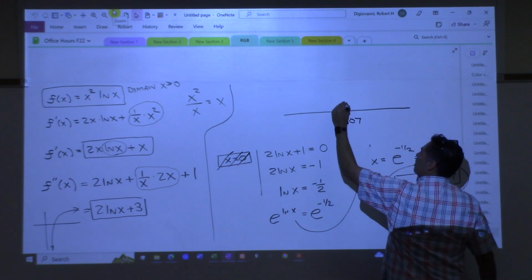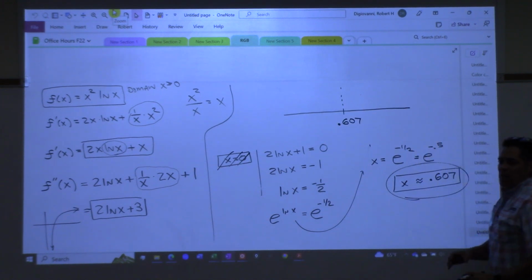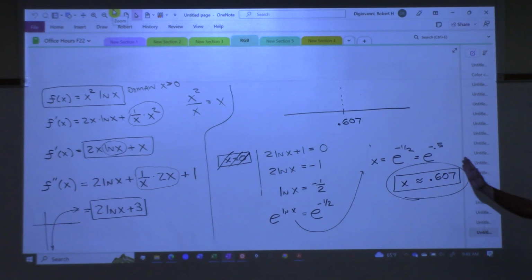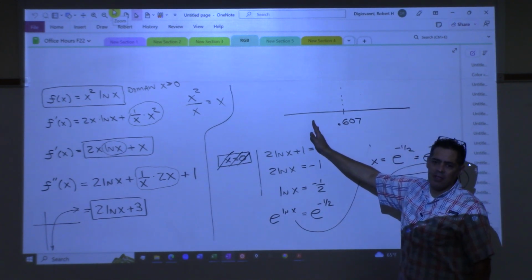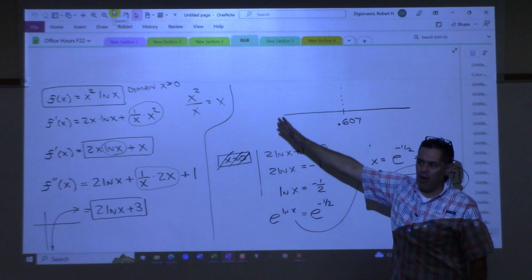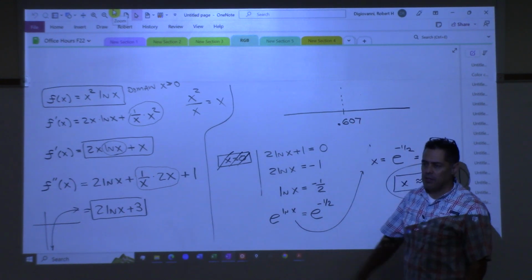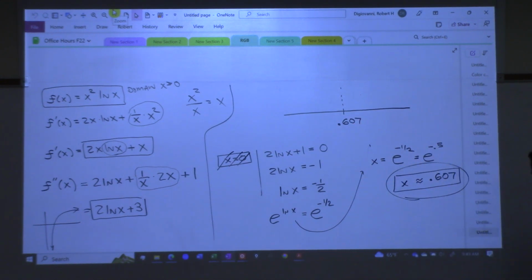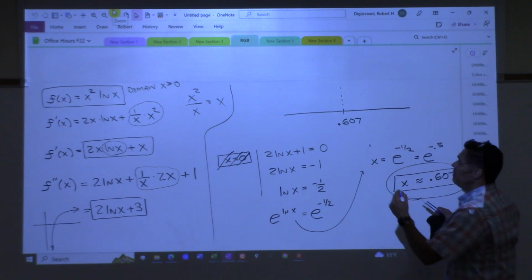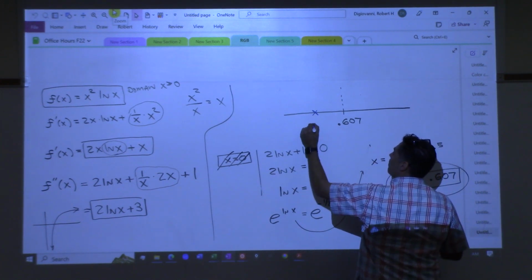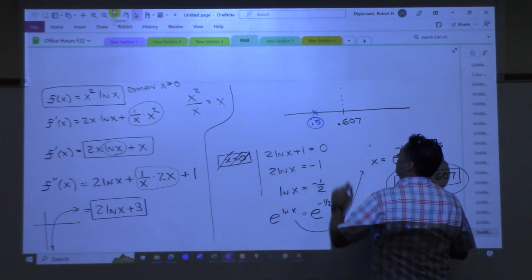0.607. And now I have to pick test points. Now this is actually important because when you pick your test point to the left of this, you can't pick anything from 0 on. It's got to be between 0 and here. So what test point would you like? 0.5? Is that what I heard? And then something to the right?